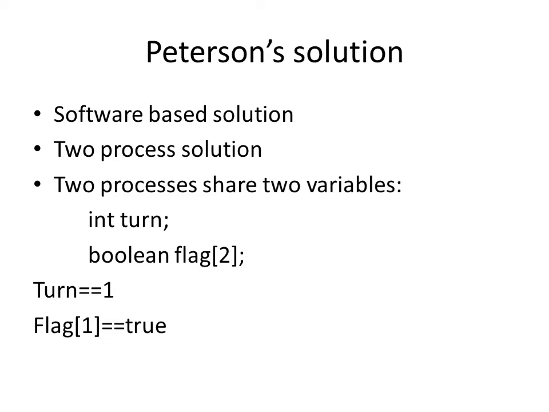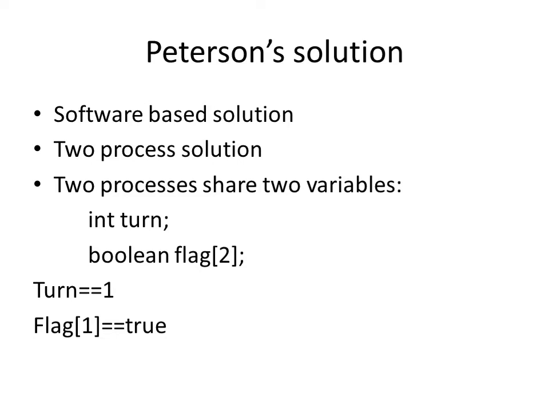Here int turn, turn is an integer variable, it stores an integer value, and the turn indicates whose turn it is to enter its critical section. The value of turn may be either 0 or 1 because we took two processes P0 and P1.